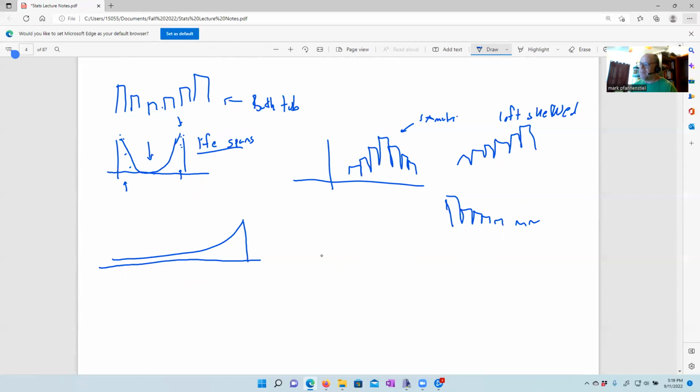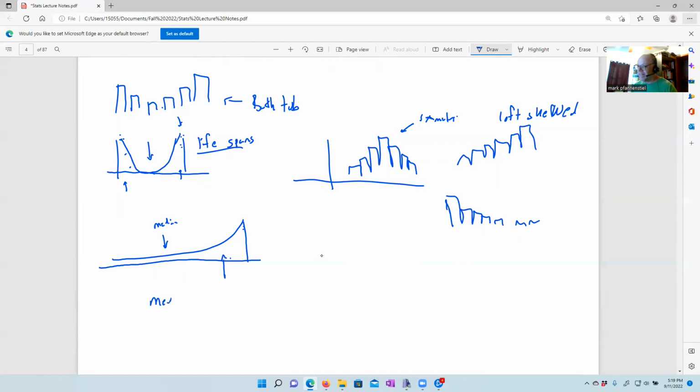If I want to balance this on my finger, I'm going to have to put my finger about here on my plate. But there's still a lot of food sitting on the other side of the plate. So the median, half of the food, is probably going to be about here, whereas the weight is sitting closer to the peak here.